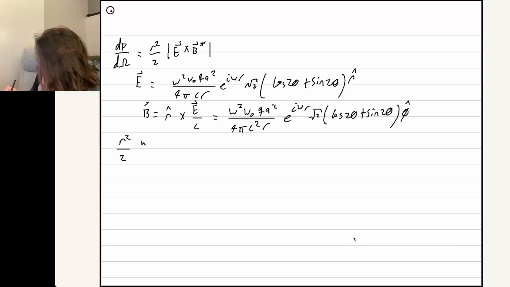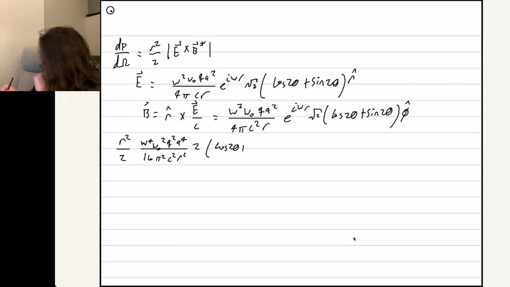You're going to have omega fourth, omega naught squared, q squared, a fourth, over 16 pi squared, c squared, r squared. Your e to the i omega r will go away since we took the complex conjugate of the magnetic field, so that's gone. We end up with 2 there, and then we have the square of this superposition of trig functions.